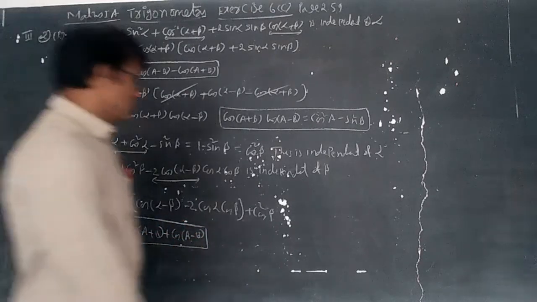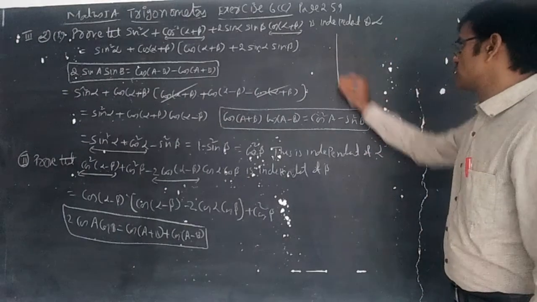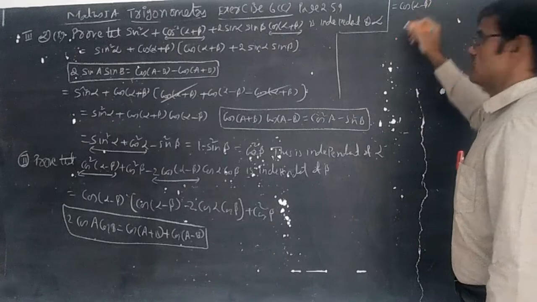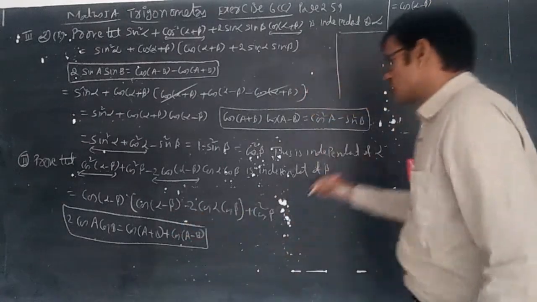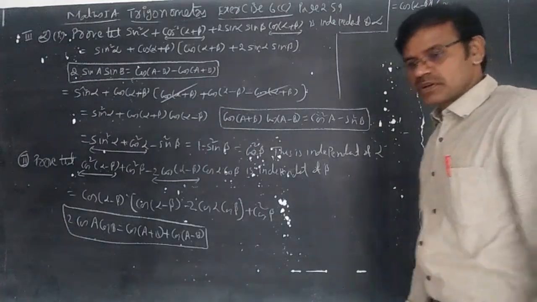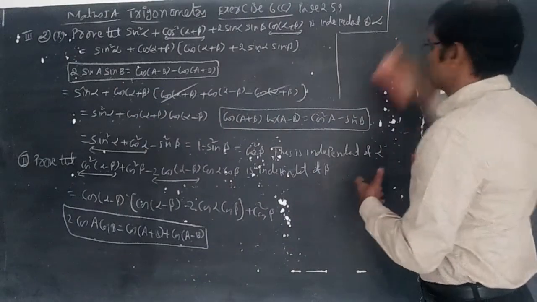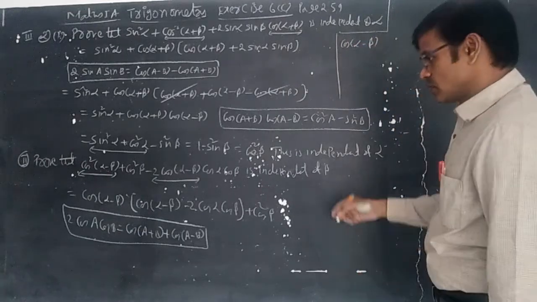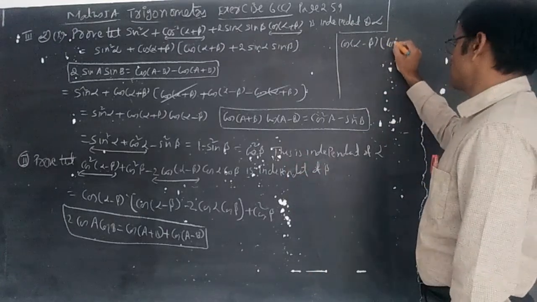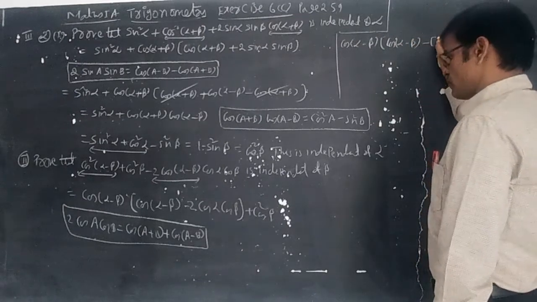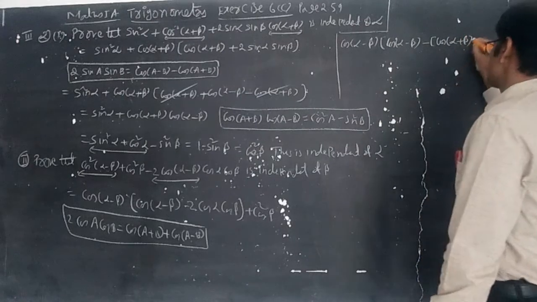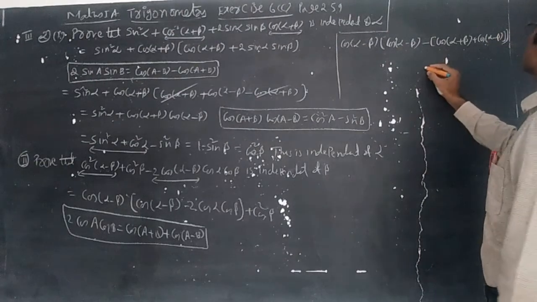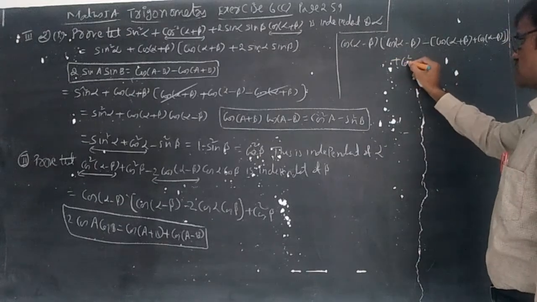Now let us write cos of (alpha minus beta) into cos of (alpha minus beta) minus, writing the formula for 2 cos A cos B, cos of (alpha plus beta) plus cos of (alpha minus beta) within the brackets, plus cos square beta separate.